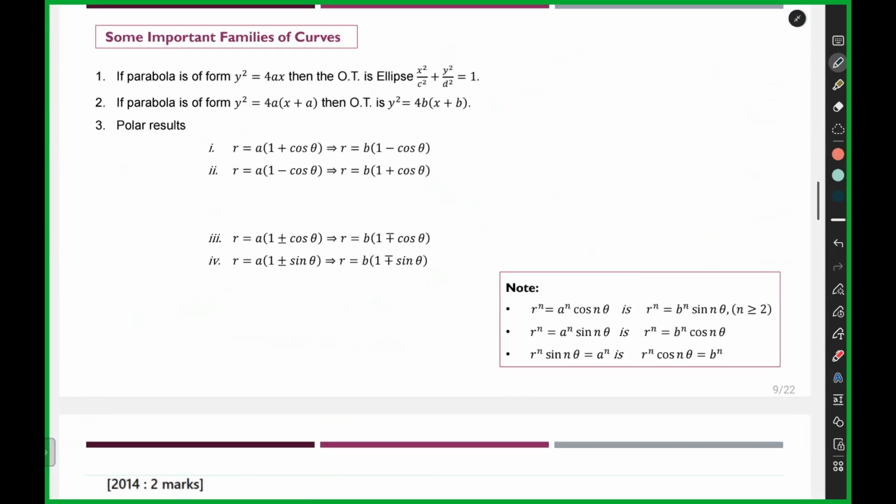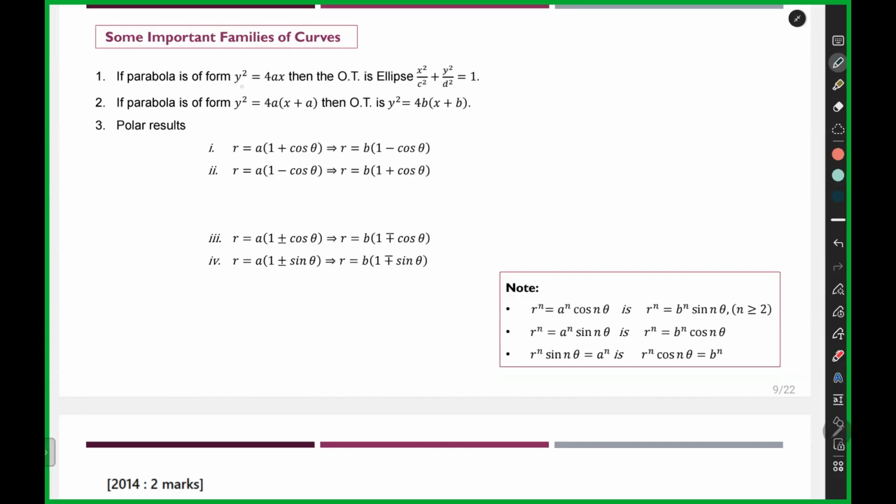Now there are some important families of curves, like you can directly remember these results. If we go for solving, it will take some time. So you can take screenshot of these forms, like I have written here. You can directly cram these results.